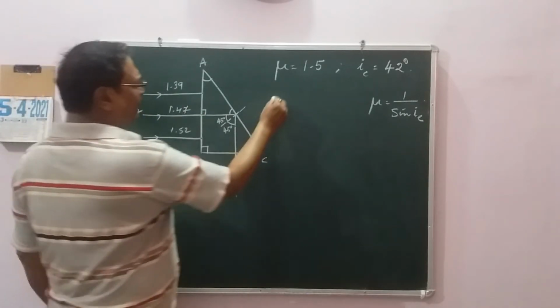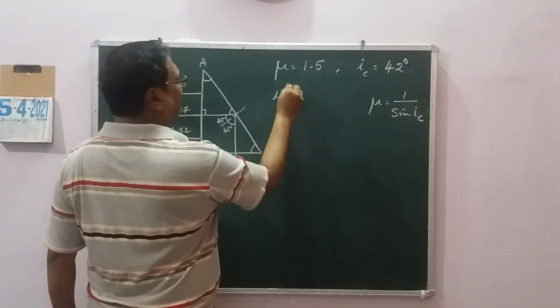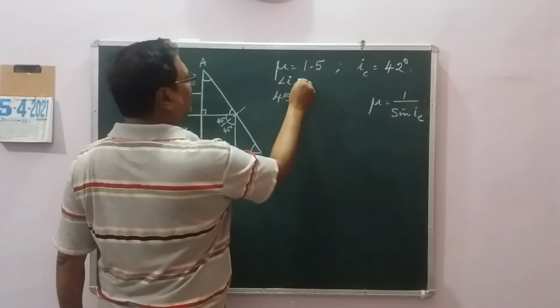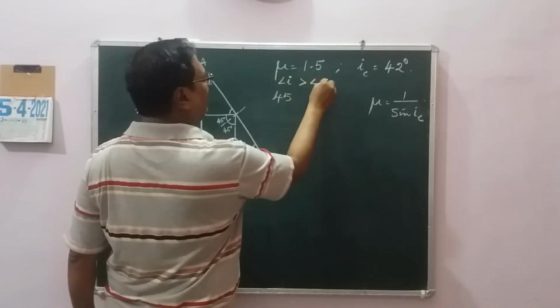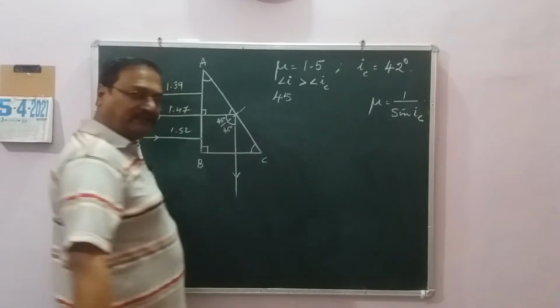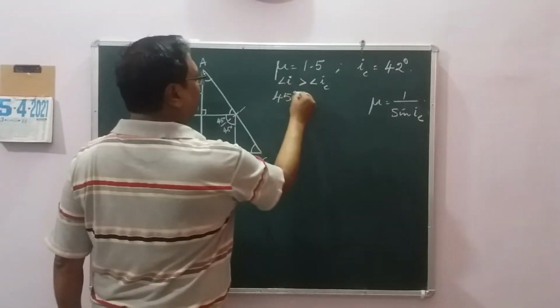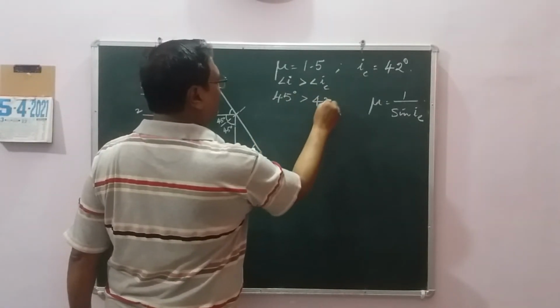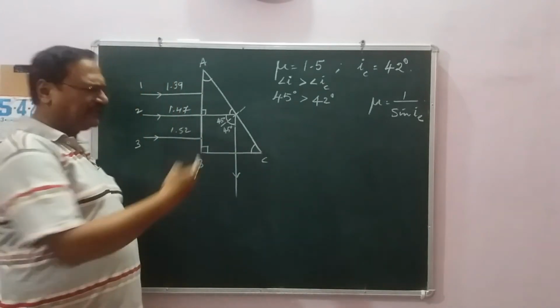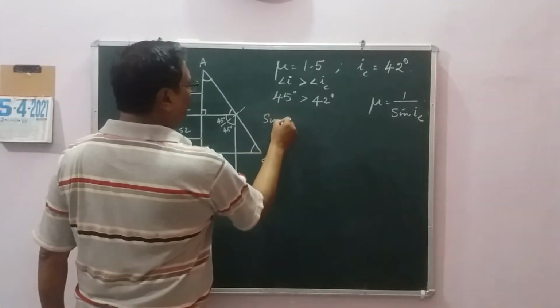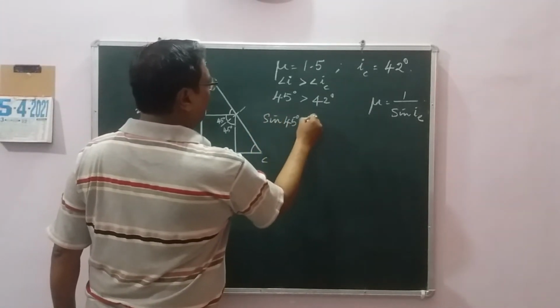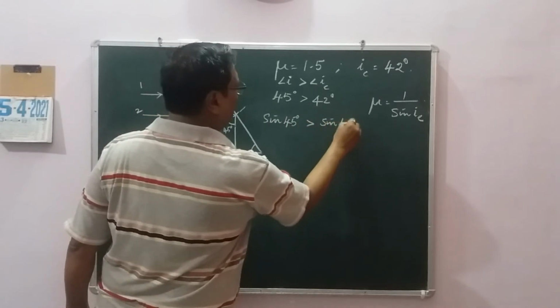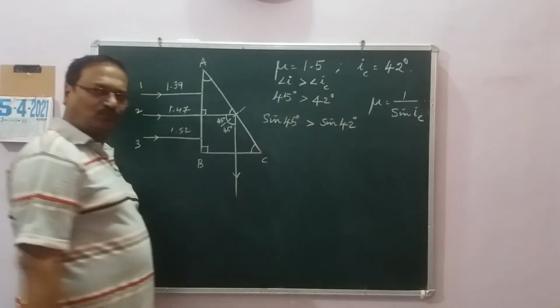So 45 degrees, the angle of incidence, is greater than the critical angle, correct? That is, 45 degrees is greater than 42 degrees. Or I can say sine of 45 degrees is greater than sine of 42 degrees. So this is also true.